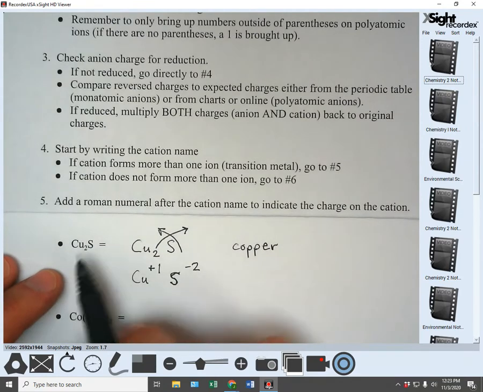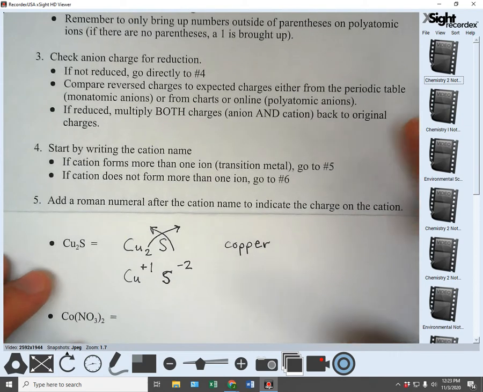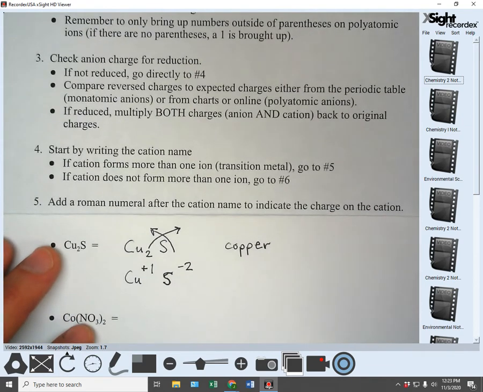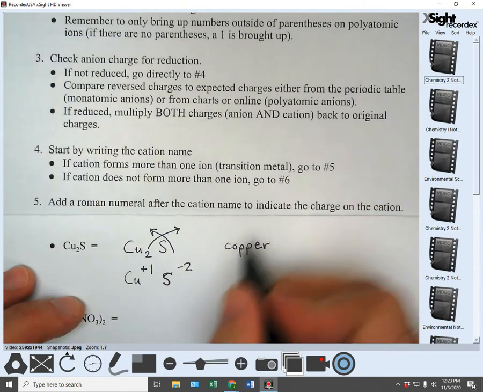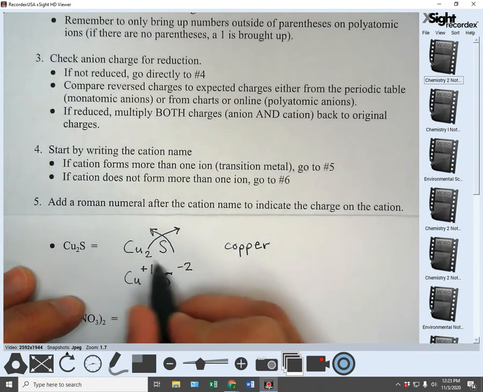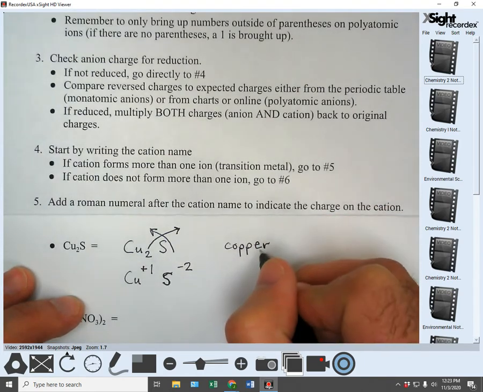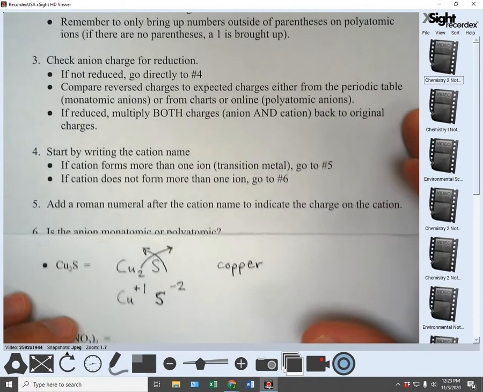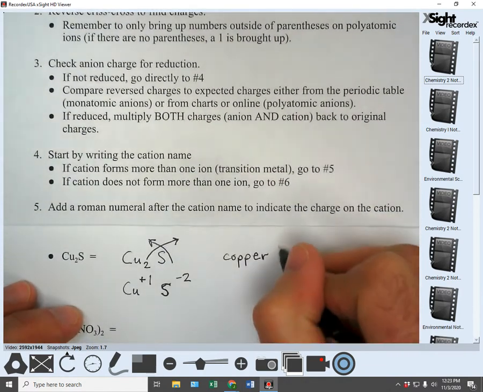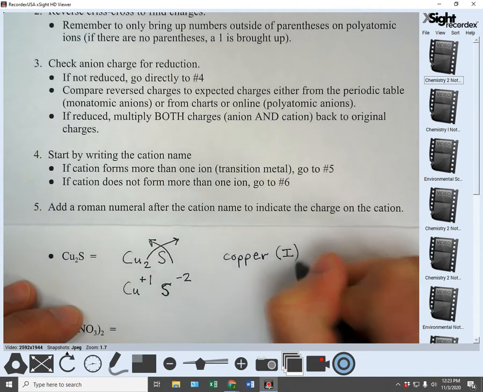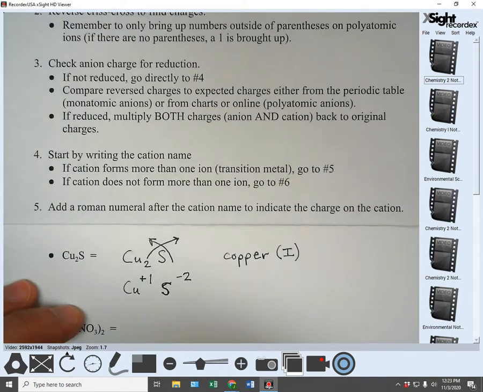Number 5, add a Roman numeral after the cation name to indicate the charge on the cation. Okay, so our charge on our cation, or positive, is a 1. So after copper, we write in parentheses Roman numeral 1. That tells the people what the positive charge is for the ion.